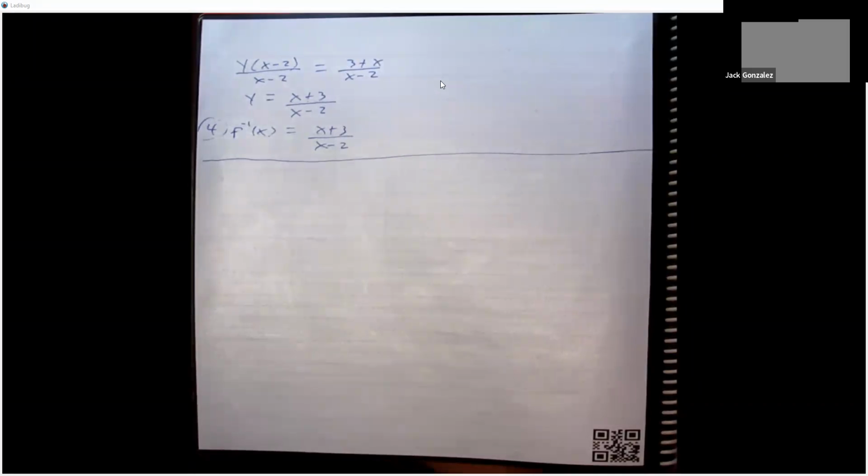I was confused on how to do problem 39. I just realized I forgot my book somewhere. Sorry, hold on a second. I left it outside.